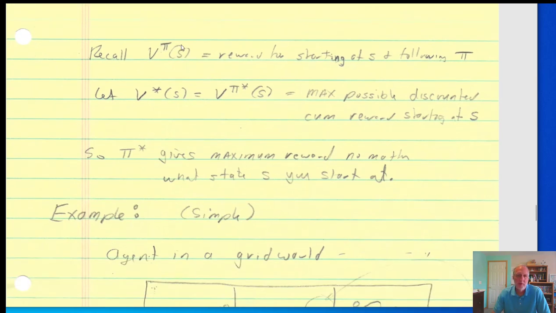So to wrap up, V superscript pi is the reward when we start at S and follow a policy pi.